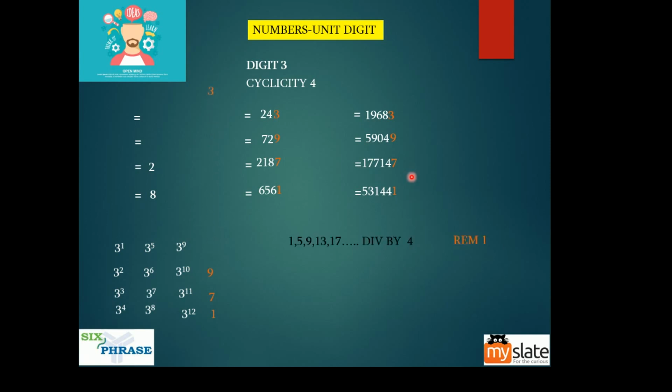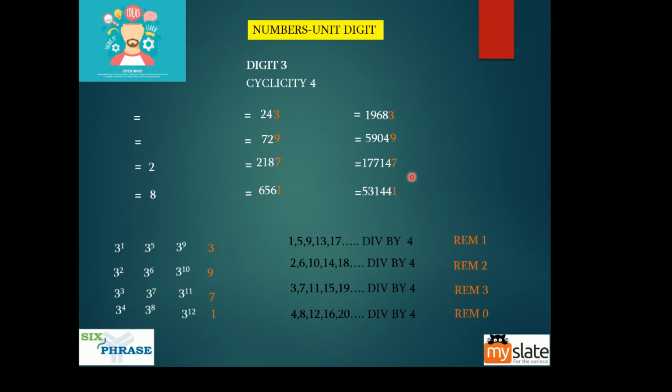So the unit digit is 3 for all these numbers. 2, 6, 10, 14, 18 divided by 4, you get a remainder of 2, and 9 is the unit digit if you get the remainder 2. 3, 7, 11, 15, 19 divided by 4, you get a remainder of 3, and 7 is the unit digit if you get the remainder to be 3. 4, 8, 12, 16, 20 and so on and so forth divided by 4, you get a remainder of 0, and 1 is the unit digit if you get a remainder to be 0.